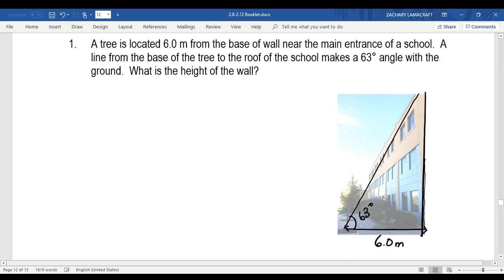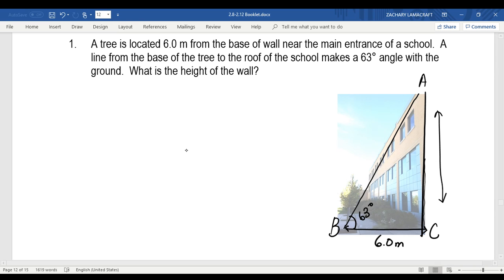If we think about it, we basically have a triangle, okay? And our job is to find out the height of the school. So if I made this triangle A, B, C, what side are we trying to find? A to C, right?